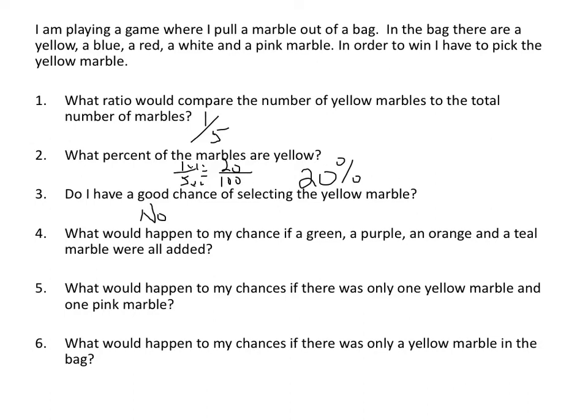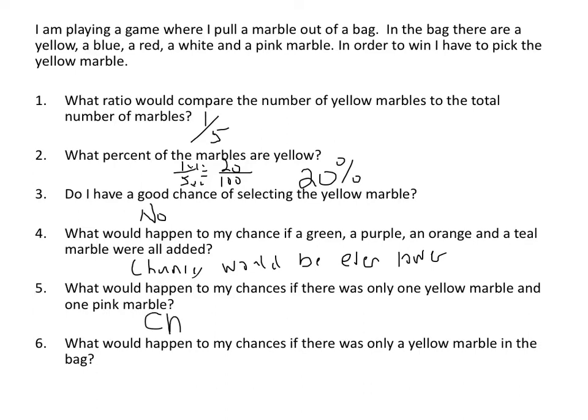What would happen to my chance if a green, a purple, an orange, and a teal marble were all added? Well, my chances of picking the yellow would be even lower, because now there's more options but still only the one yellow marble. What would happen to my chances if there was only one yellow marble and one pink marble?